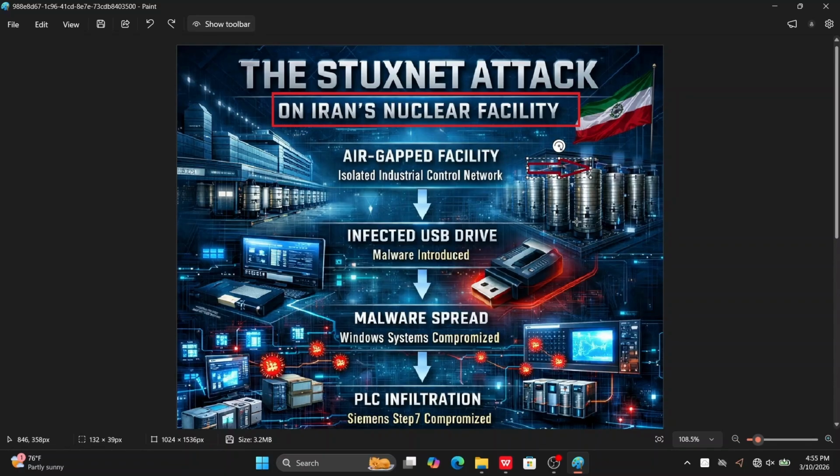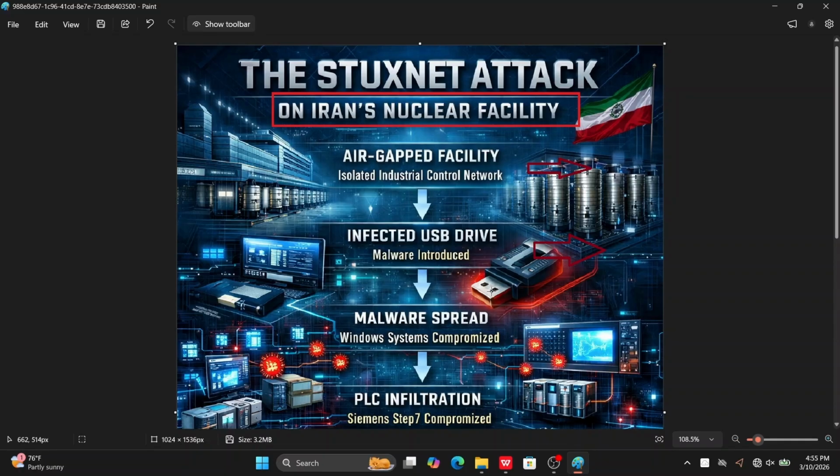Then an infected USB drive was introduced into the environment. Someone takes this infected USB drive and connects it to a workstation inside the facility.